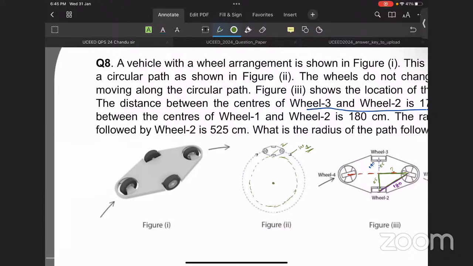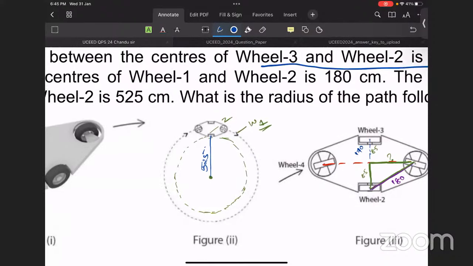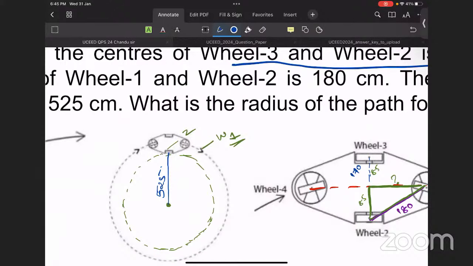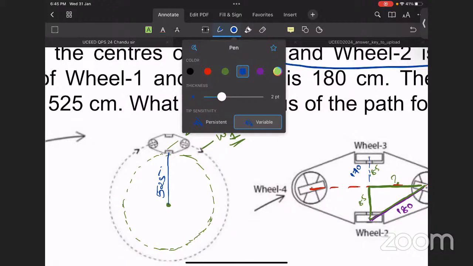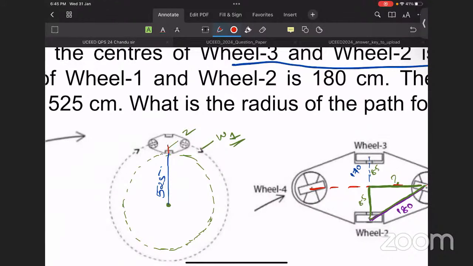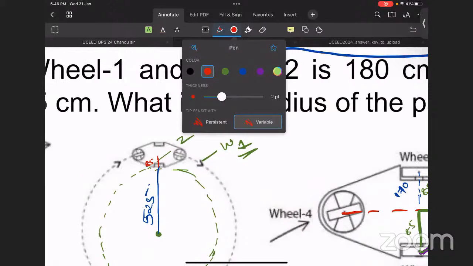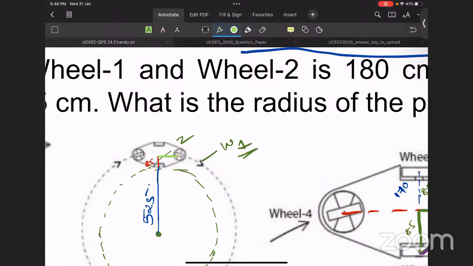Coming over to here, the information provided in the question is like that. This is 525 centimeter. What we need to know is, we could extend this up to here. We know that this is 85 centimeter, and from here to here, this length is unknown to us.